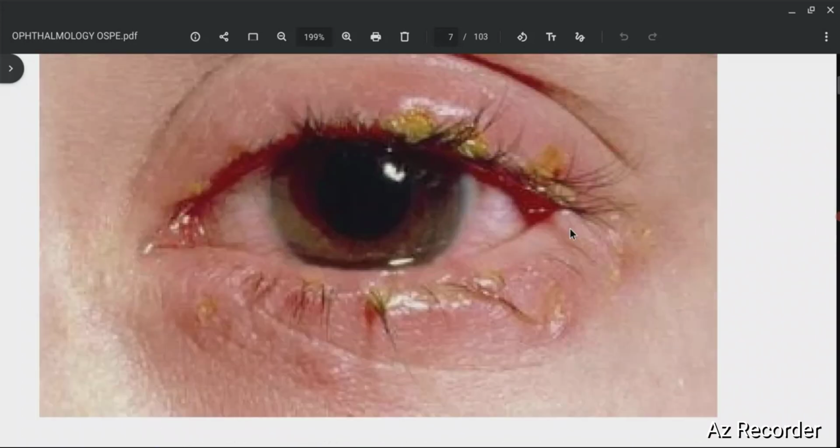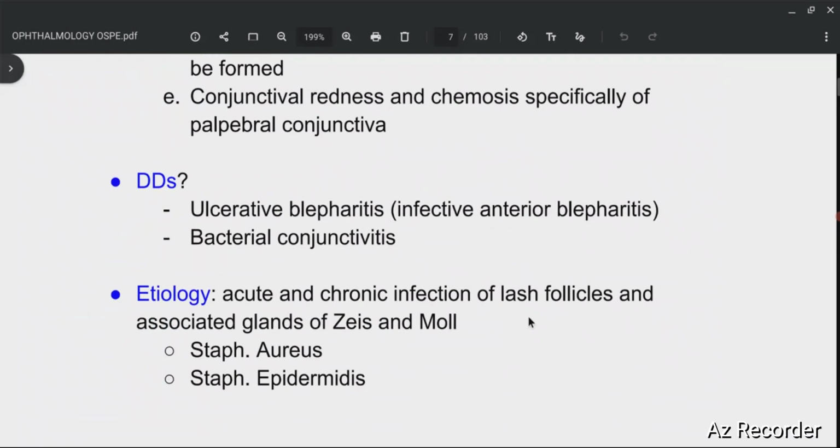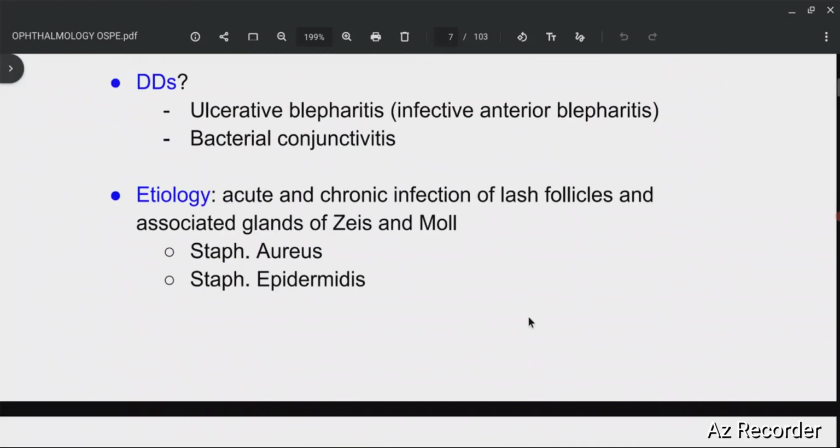But here, almost the whole of the eyelid margin and associated follicles are affected. In a stye, you have only one or two of the lash follicles affected, and then you see a nodular lesion which contains mucopurulent fluid and all of the things that we have already discussed in our previous video.